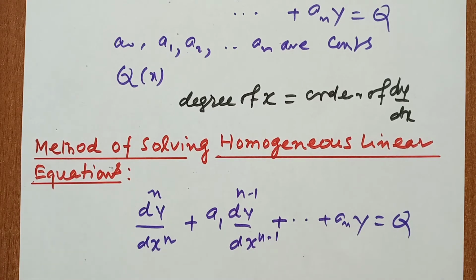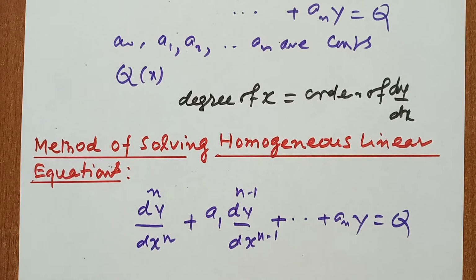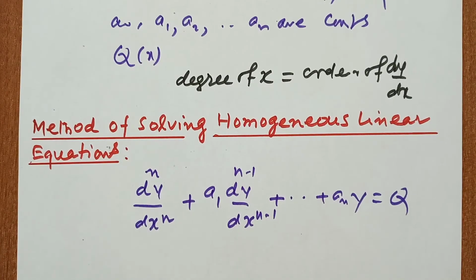So how will we change it? By a transformation. For a homogeneous linear ordinary differential equation we will put x = e^z.